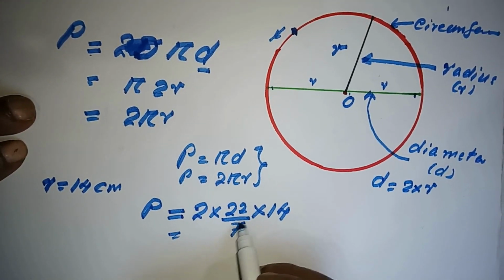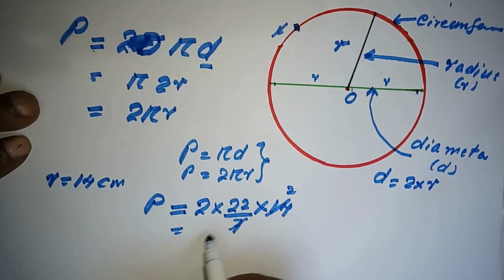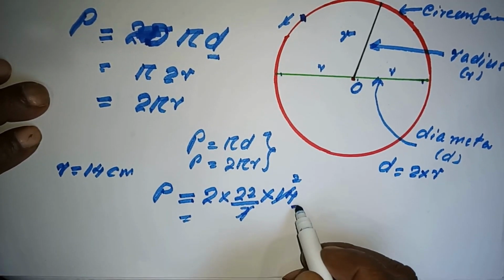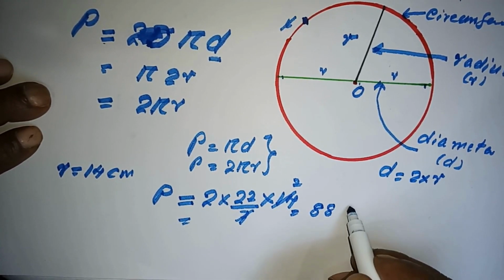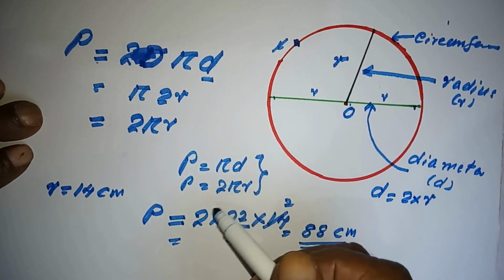When you cancel this 7, 2 times 2 is 4, then the result will be 2 into 22 into 2, which is 88 cm.